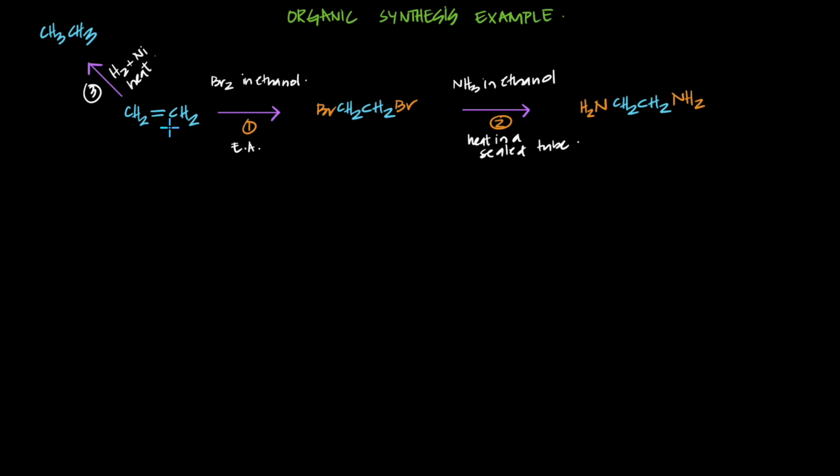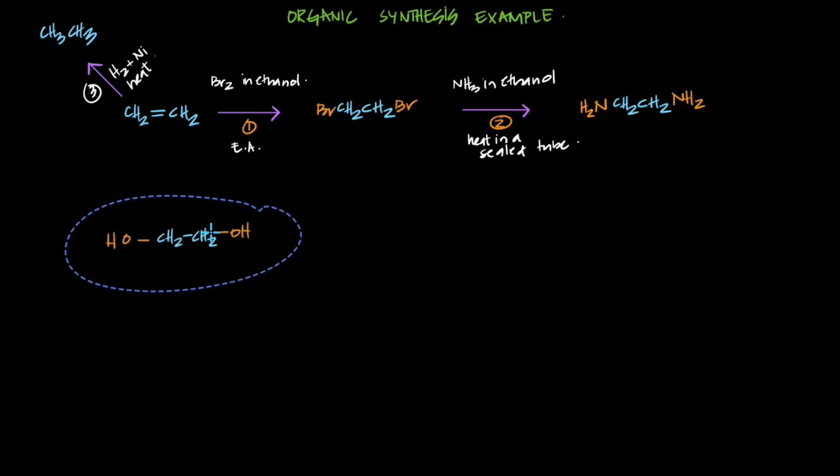That goes from an alkene to an alkane. Then what if I want to make this? I want to break the double bond and on both sides add an OH, OH on the right side and OH on the left side.